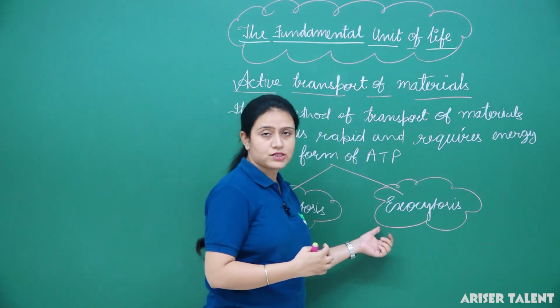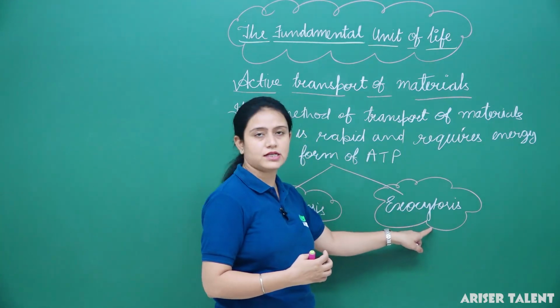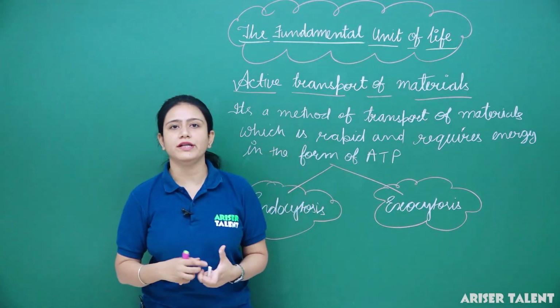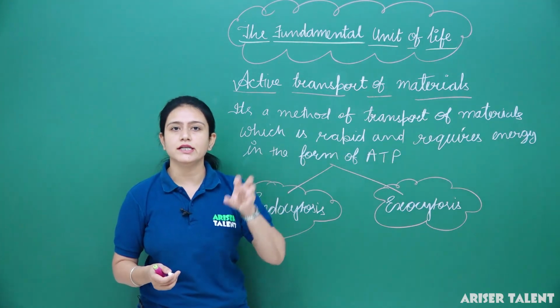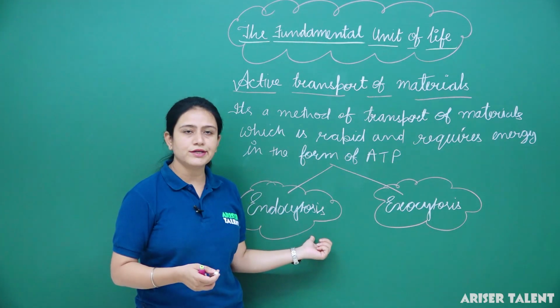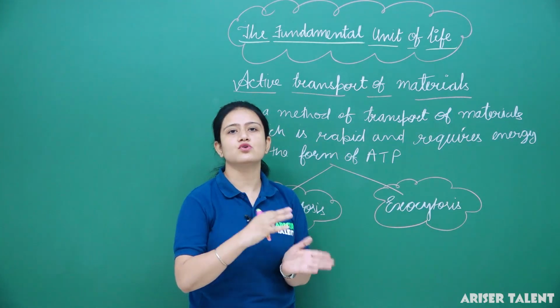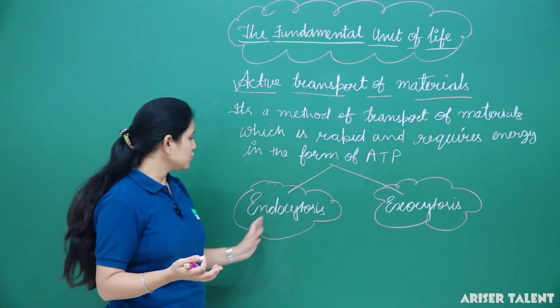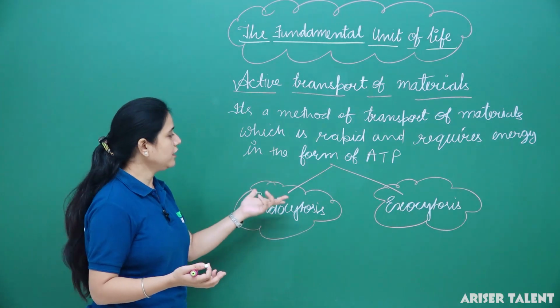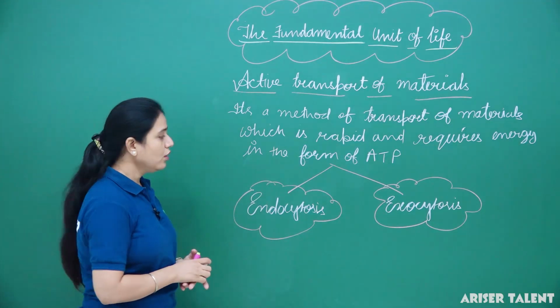Means when the food material is engulfed, is taken inside the cell, that is endocytosis. And exocytosis, when the undigested food material is thrown out of the cell. Okay, so thus we can study these two topics in the active transport of material.